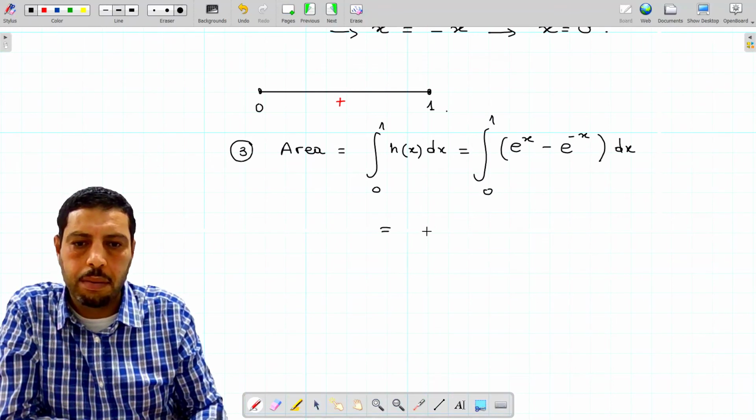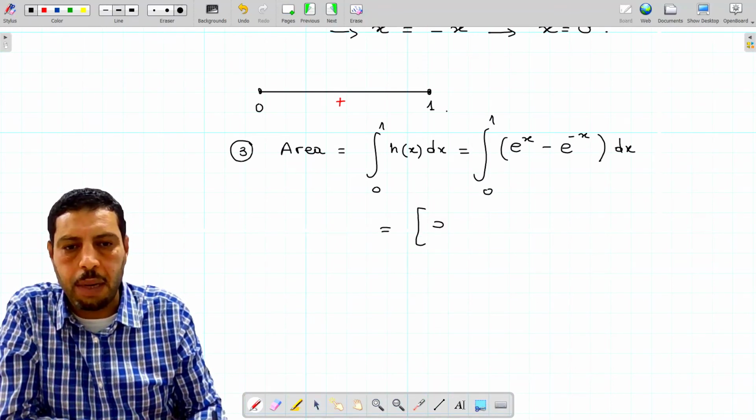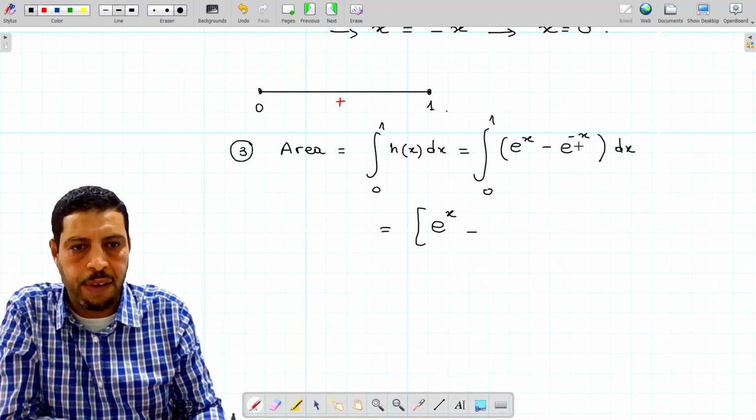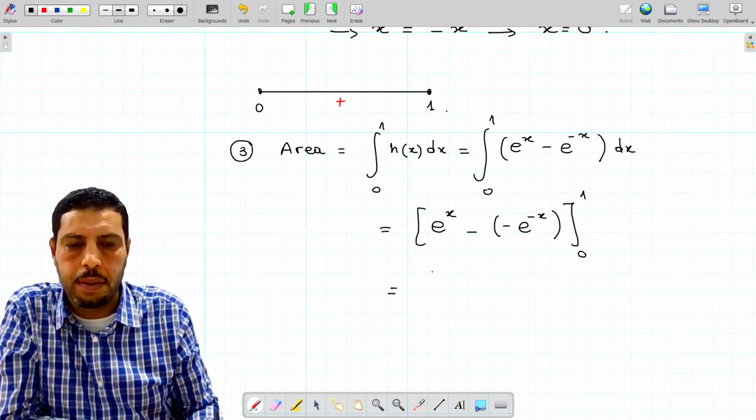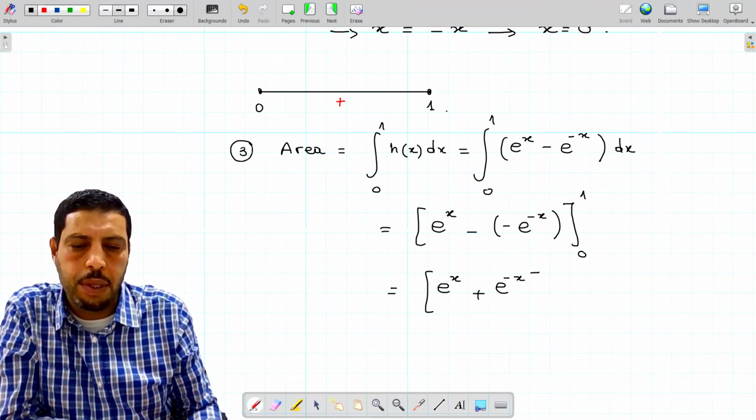So it's equal, the antiderivative of exponential x is exponential x, and the antiderivative of exponential minus x is minus exponential minus x between 0 and 1. So here it gives exponential x plus exponential minus x between 0 and 1.